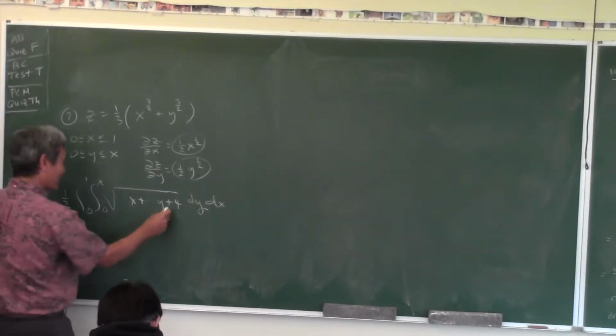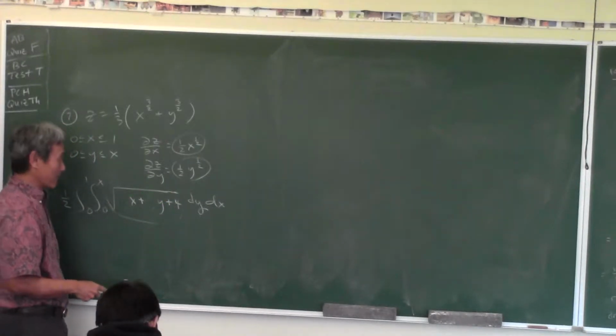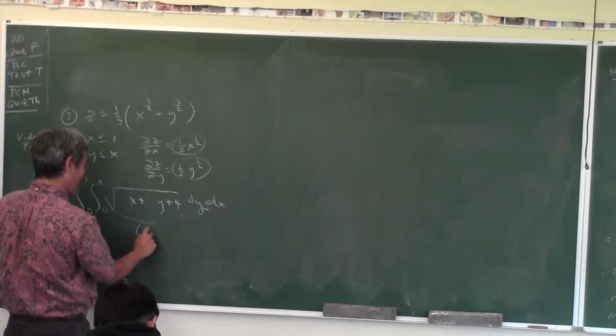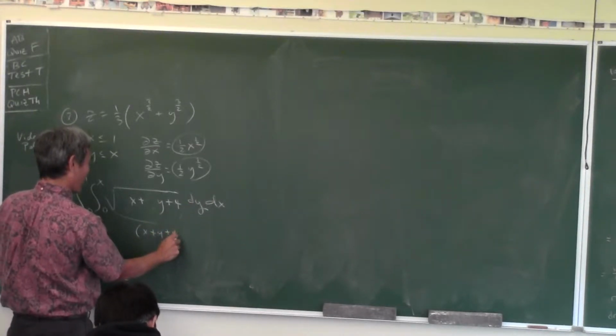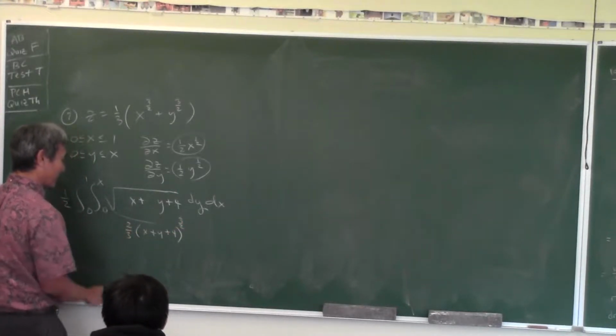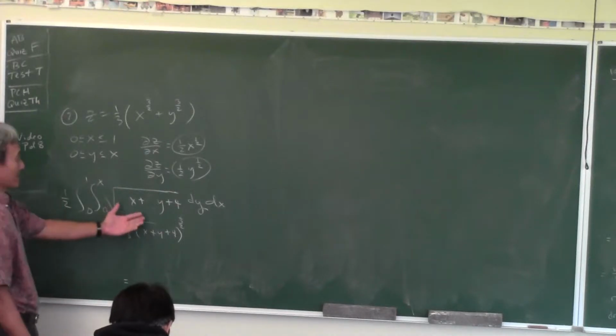So what is the integral? You have to remember, x and 4 are constants when you integrate with respect to y. So isn't the antiderivative just going to be x plus y plus 4 to the 3 halves with the 2/3 in the front? Because x and 4 are constants.